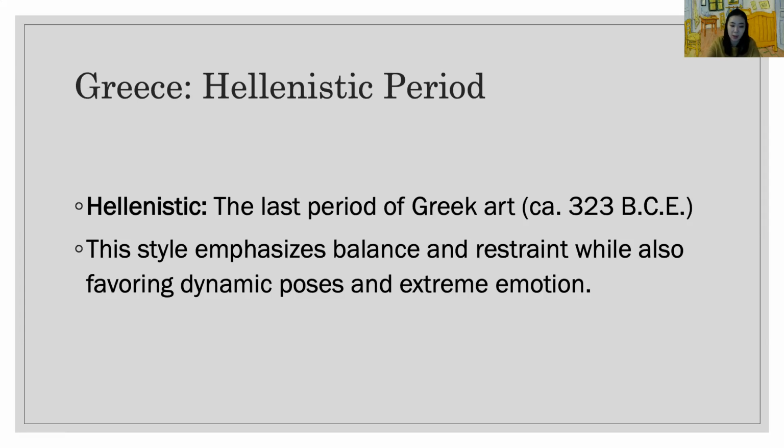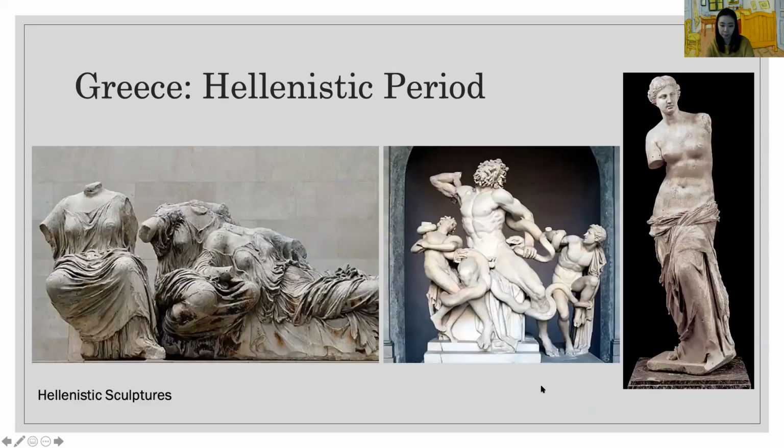So let's see how they look. Sculpture of this era poses with theatrical quality and complex poses like this. There is a video about Hellenistic art in the Moodle room, so please watch it to see more beautiful Hellenistic art.